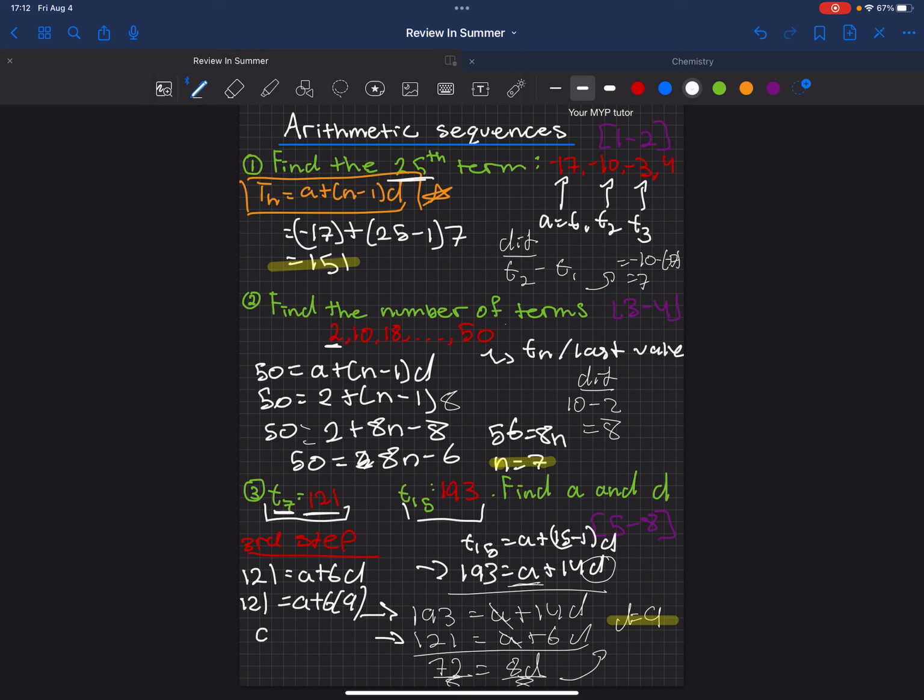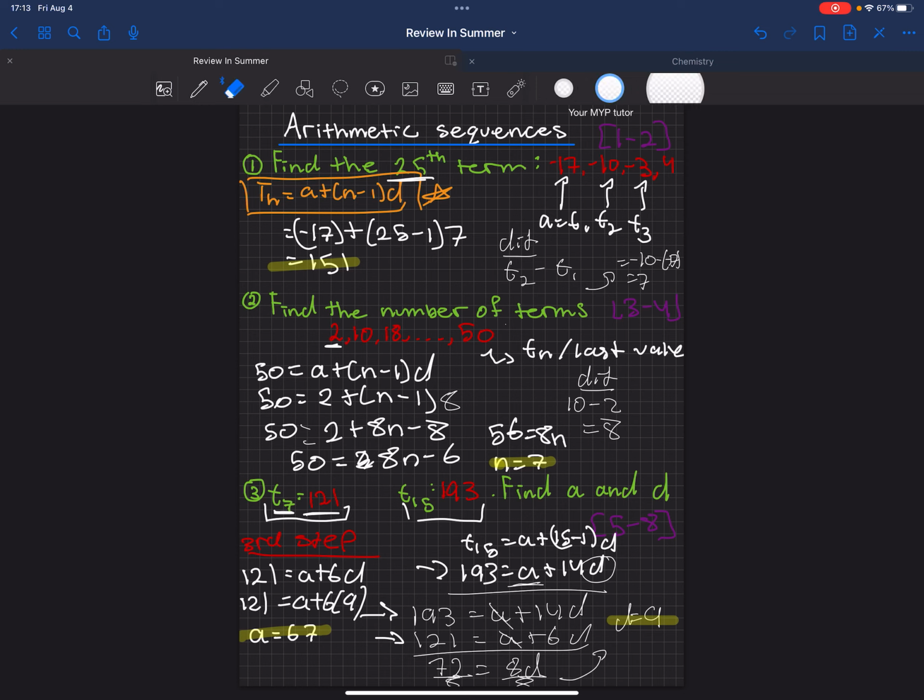And then we know that the end value is going to be 67, because 6 times 9 is 54. 121 minus 54 is 67. That is going to be your answer.